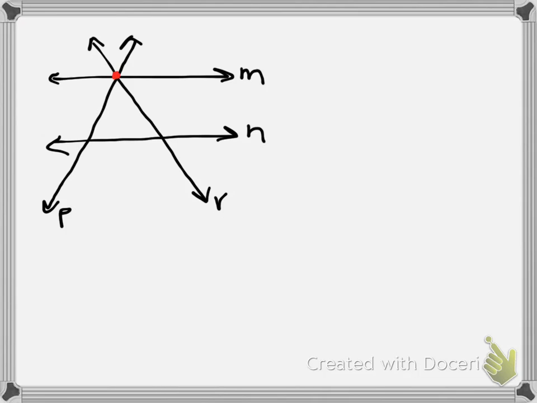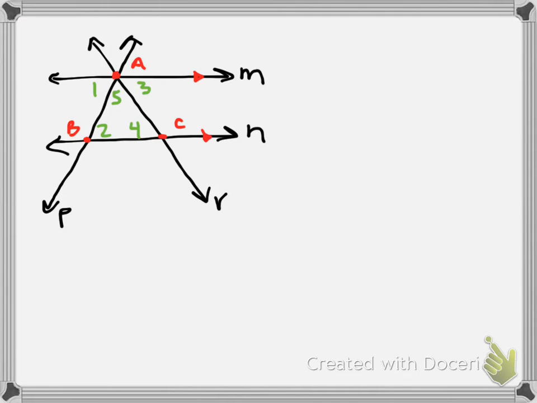So this point of intersection is A, this point of intersection is B, this point of intersection is C. Now I'm also going to number out some angles. So we had angle 1, angle 2, angle 3, angle 4, and angle 5. And then the last thing I want to note is that line M and line N are parallel.